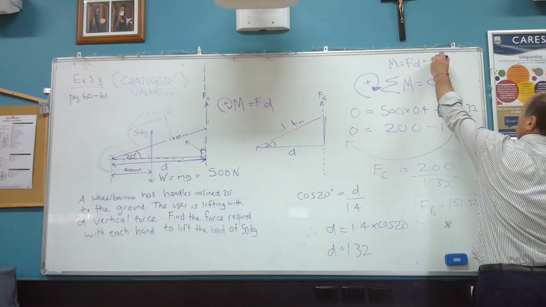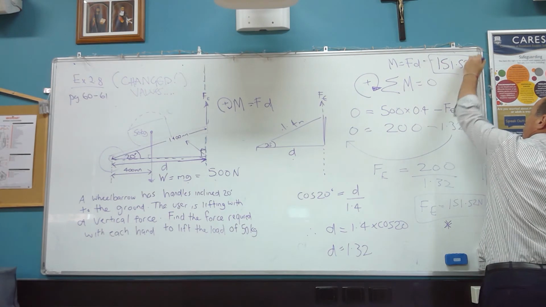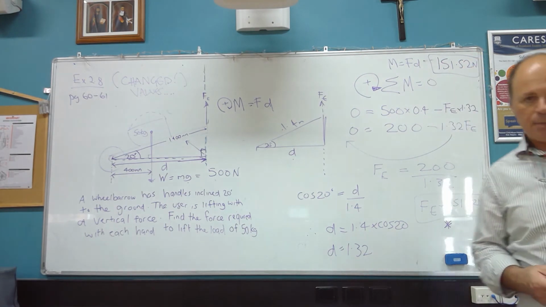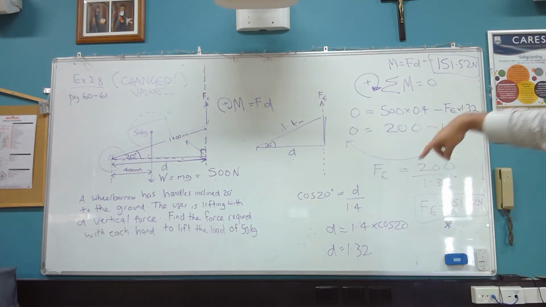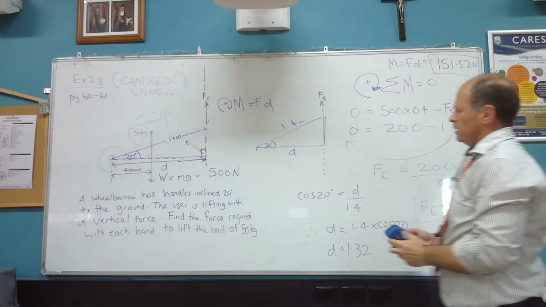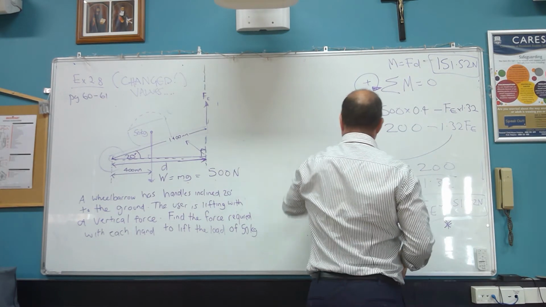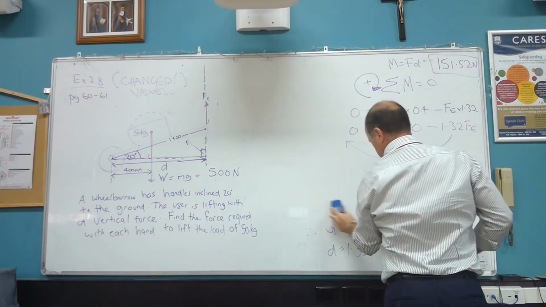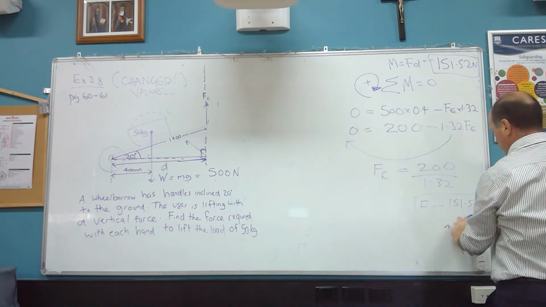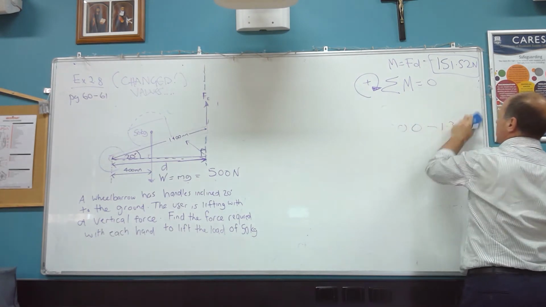I want to write the result 151.52 newtons in the corner of the board. And basically what needs to happen is we need to make sure that when we use the second method, we get the same answer. If we don't, we've done something wrong. Okay, so let's get this all rubbed out. And make sure that you follow this type of laying out of your working out as well.